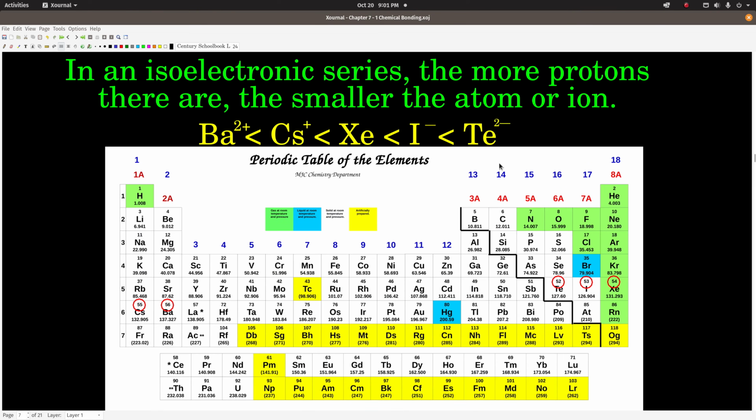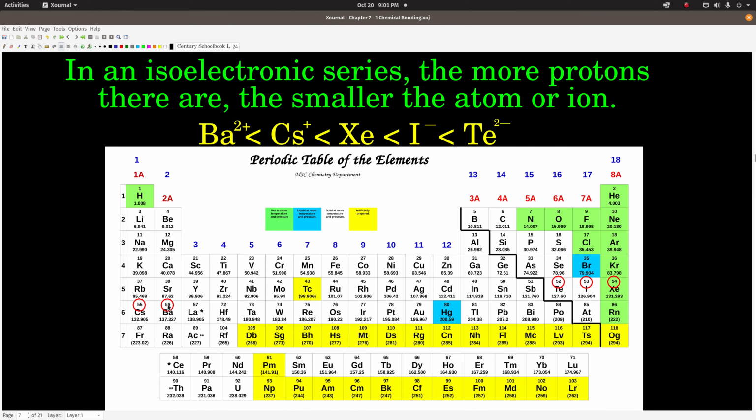So we can predict the relative sizes of different species if, and this is a big if, they are in what we call an isoelectronic series. Isoelectronic means they have the same number of electrons as each other. For example, if you look at these species right here, the barium with a +2 charge.